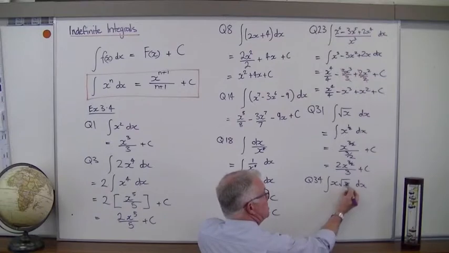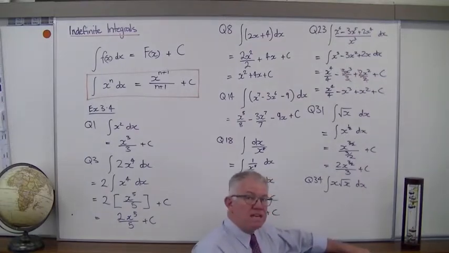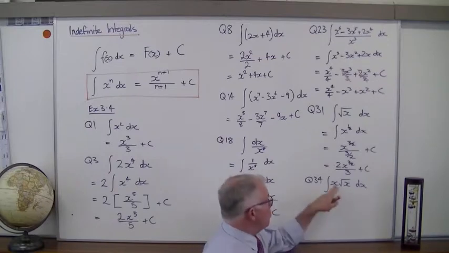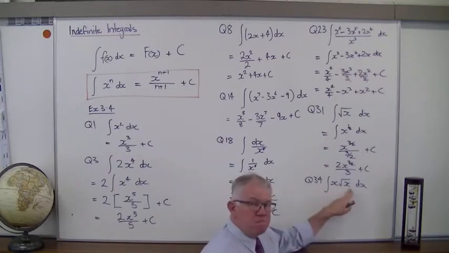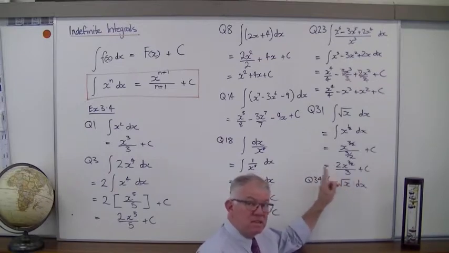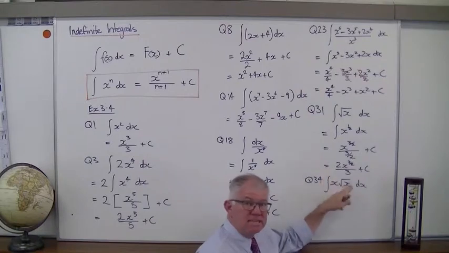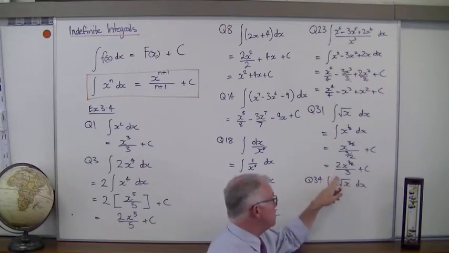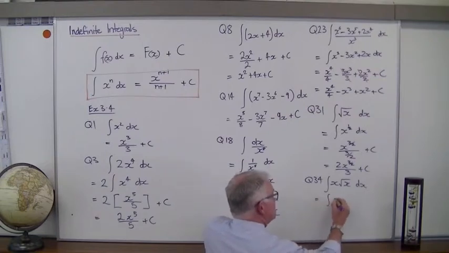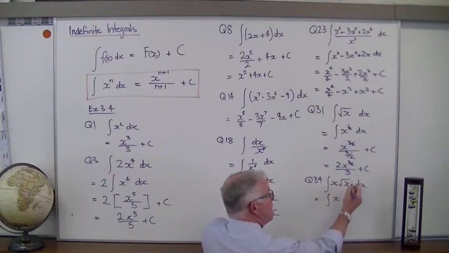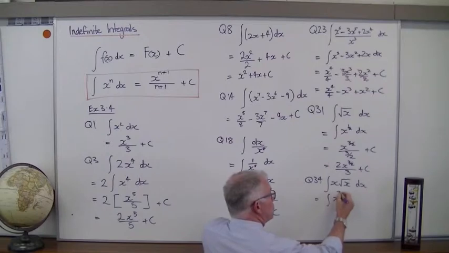This is x to the power of a half. And when we multiply these two functions of x, the base is the same, and the indices will be added. So that will be 1 plus a half. So really what we're integrating is x to the power of 1 plus a half, which is 1.5, or 3 on 2.